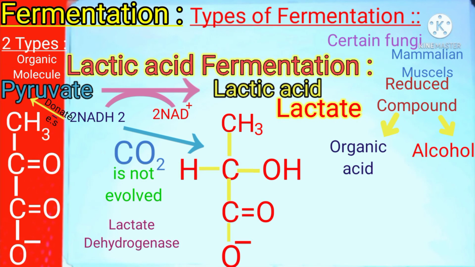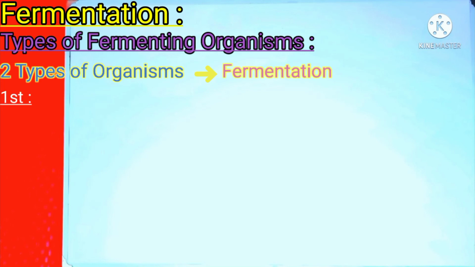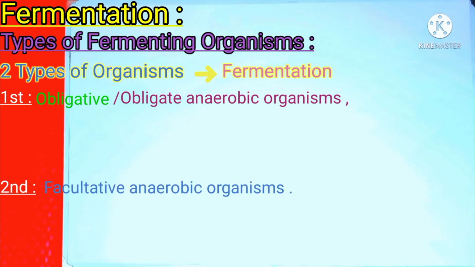Next, we will see the types of fermenting organisms. There are two types of organisms which can carry out fermentation. The first are obligate anaerobic organisms, and the second are facultative anaerobic organisms. Now we will understand them one by one.